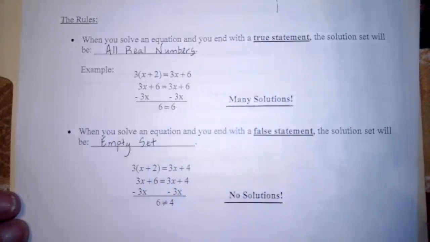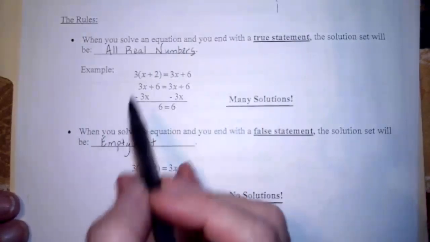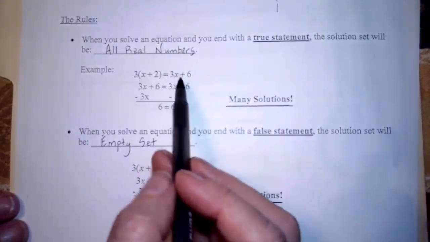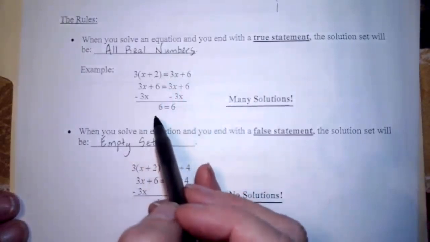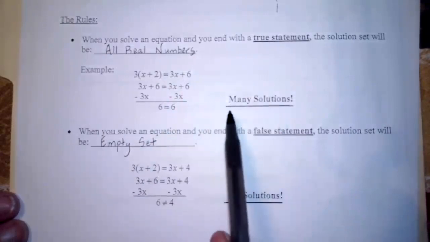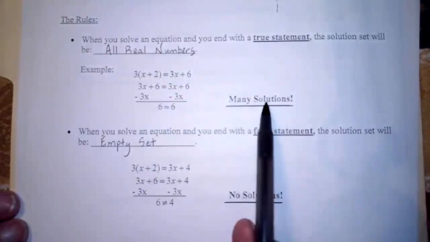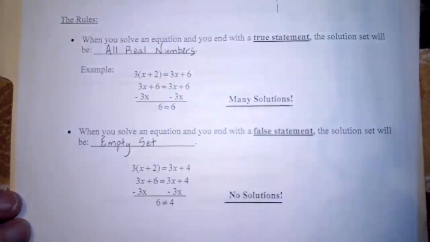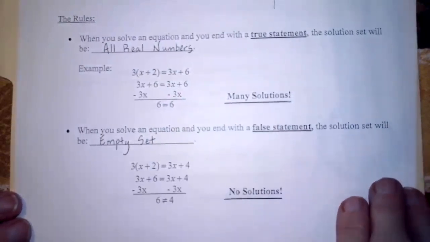So we could pick 5, we could pick 100, we could pick 1,000,000 if we wanted to. As long as you put it in here, it will always give you a true statement. So we say infinitely many solutions. Whatever number you want.